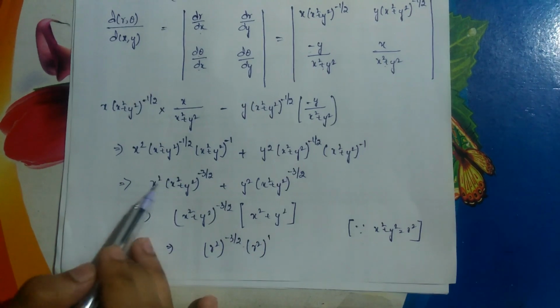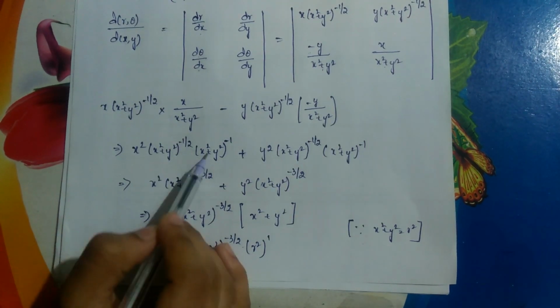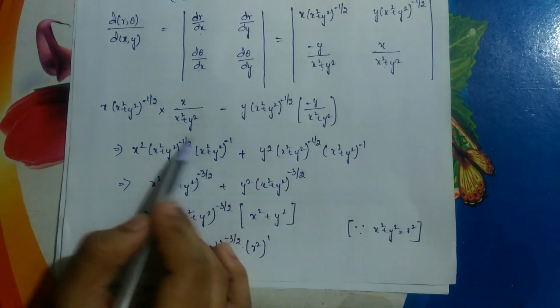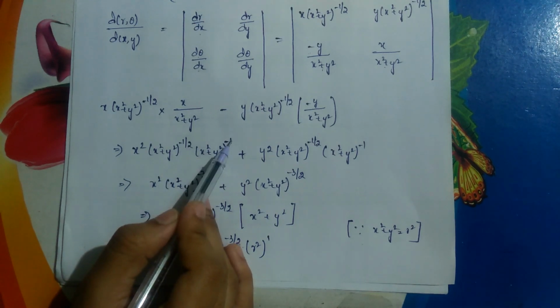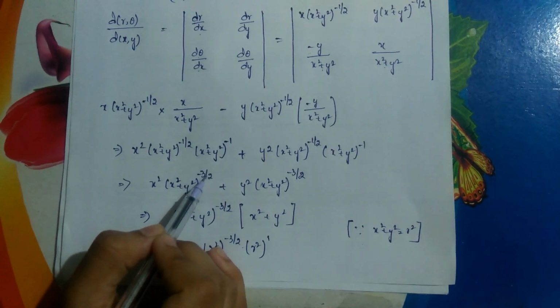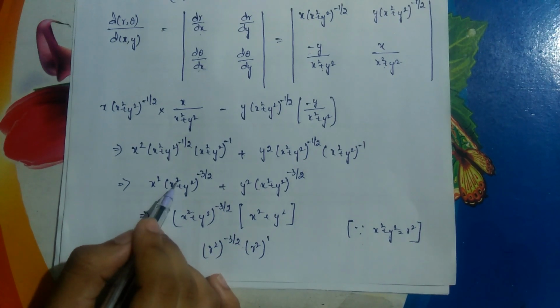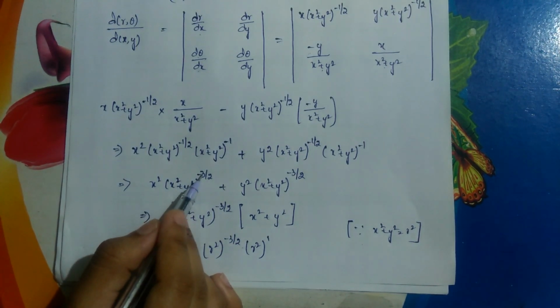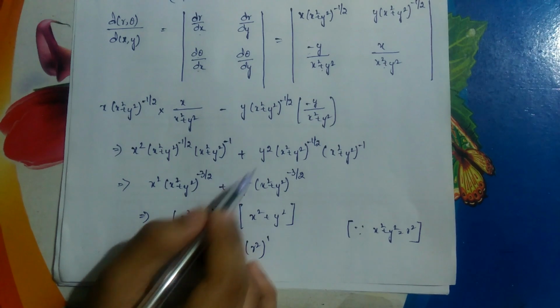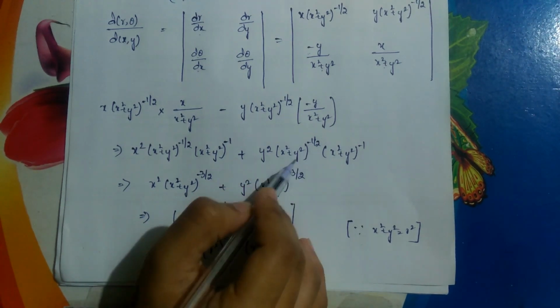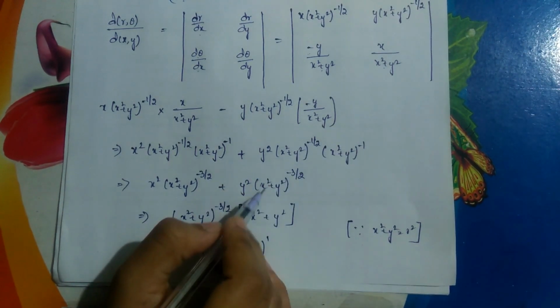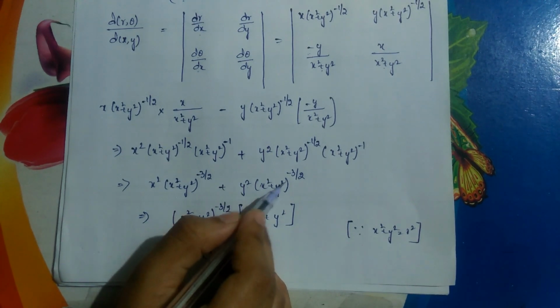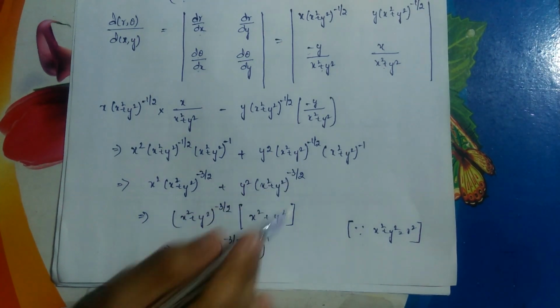Then here, when bases are same, powers will be added. So minus 1/2 plus of minus 1, that is minus 3/2. So x²(x² plus y²)^(-3/2) plus y². Similarly here, when bases are same, powers will be added. You will get y²(x² plus y²)^(-3/2).